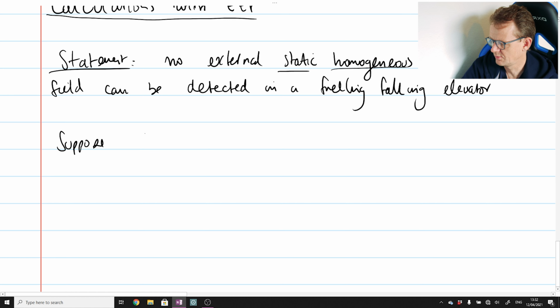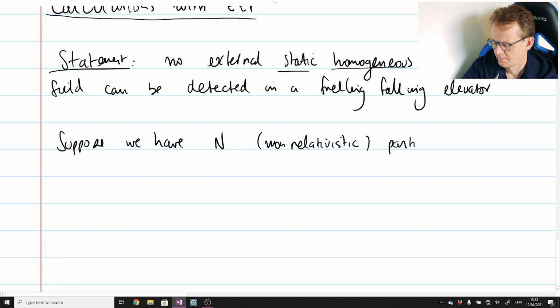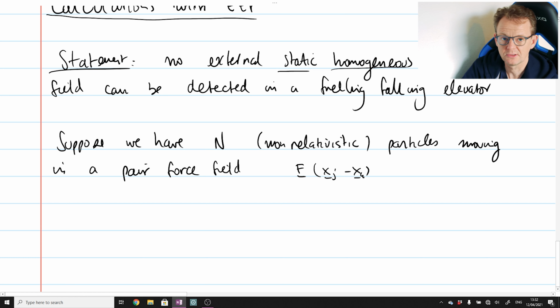Well, we're going to suppose we have some physical system, right? And we're going to have n non-relativistic particles. And they're moving in a pair force field described by big F, which depends on the separations between these particles.